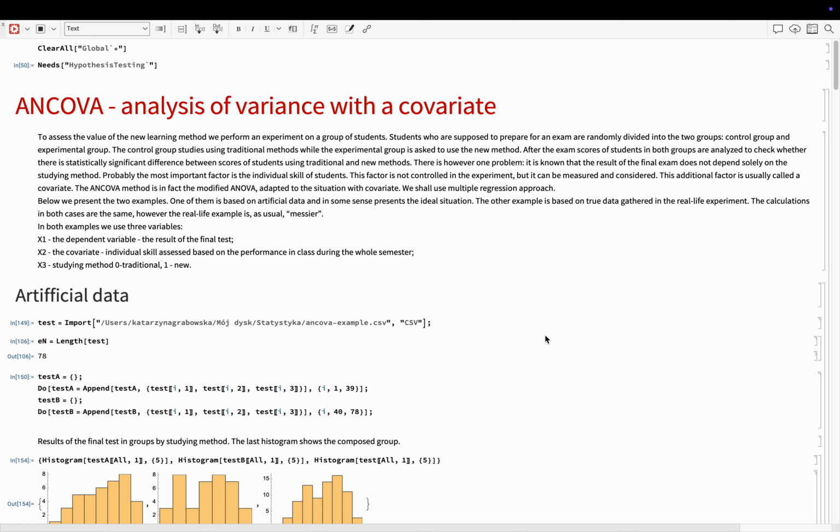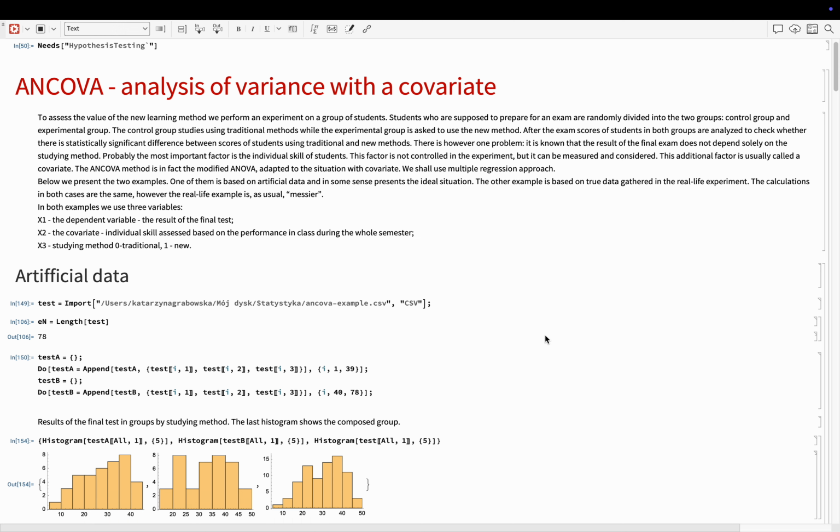So in our example, we have the dependent variable, which is the result of the final test. There is the covariate, individual skill based on the performance in class, and there is the experimental variable, which takes value 0 and 1, 0 for the traditional method of studying and 1 for the new method of studying.